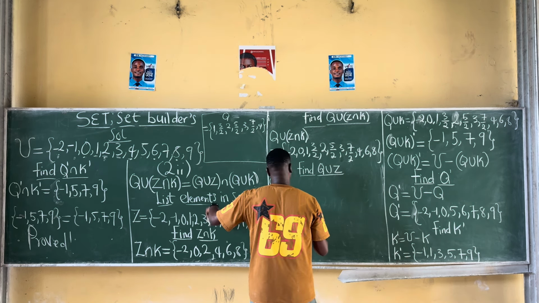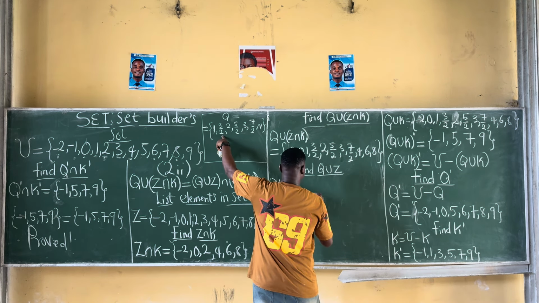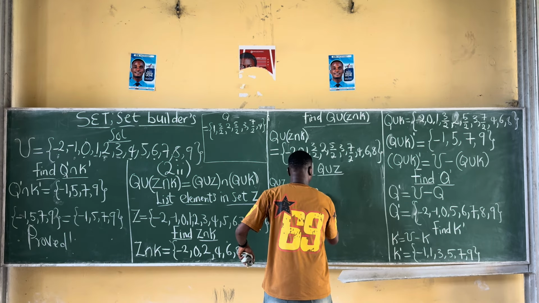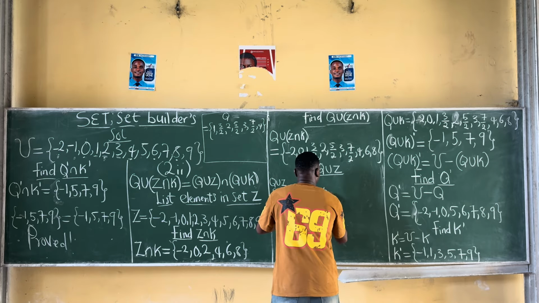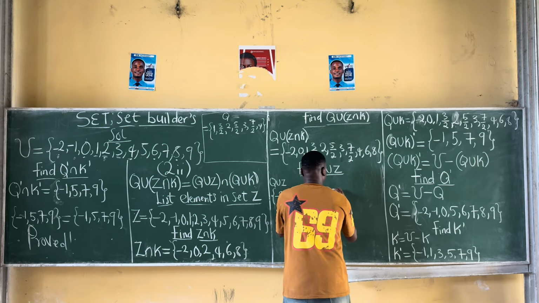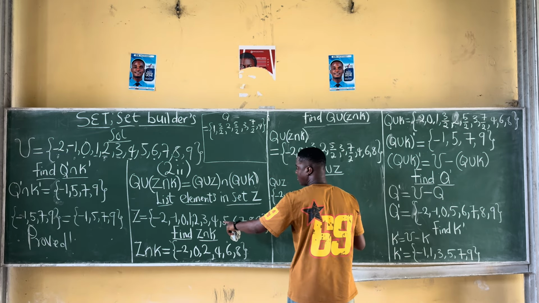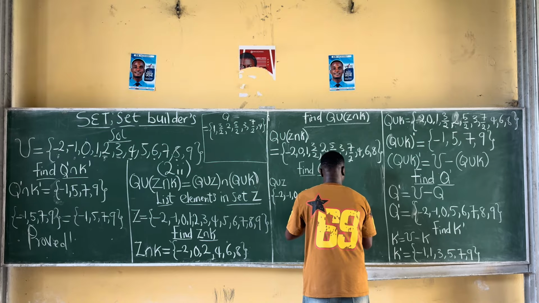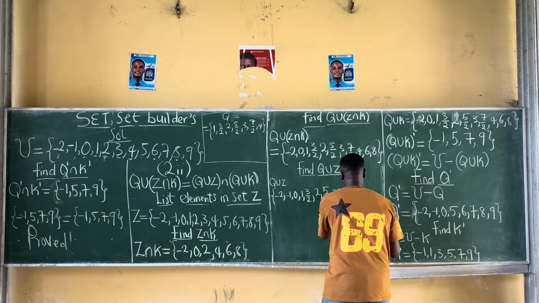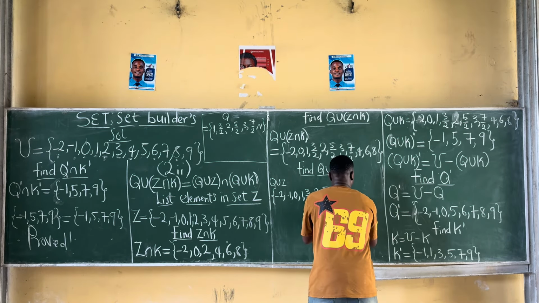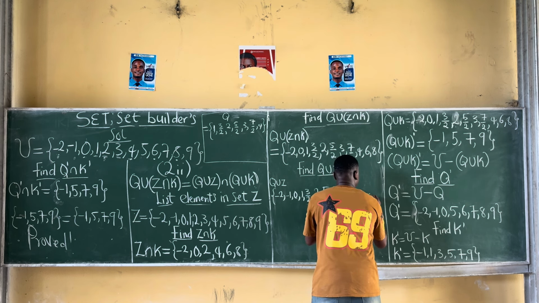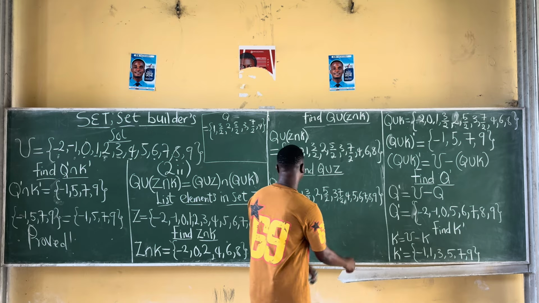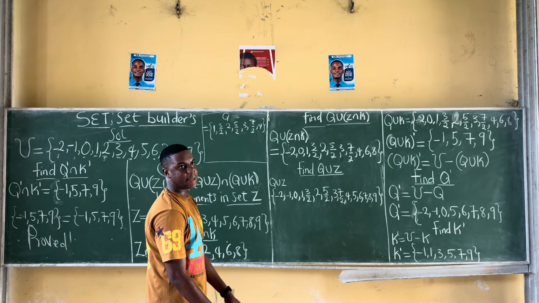Then 3 over 2, then 2, then 5 over 2, then 3, then 7 over 2, then 4, 5, 6, 7, 8, and 9. So this is Q union Z.